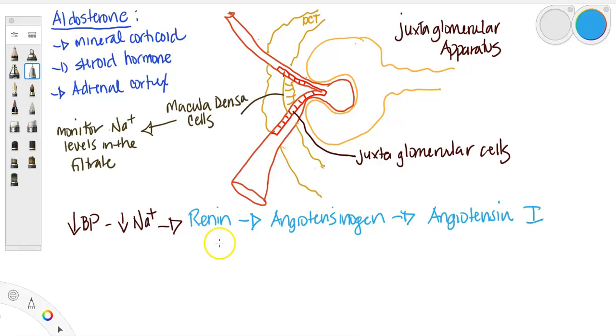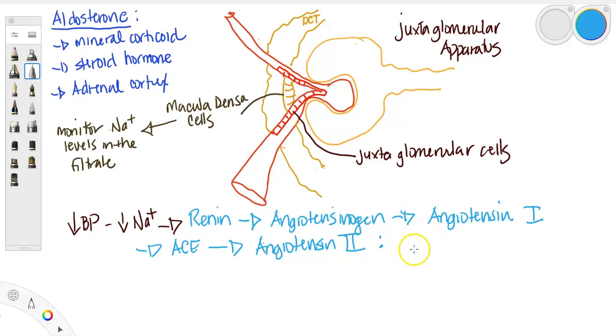If there is an enzyme called the ACE enzyme available, when it comes into contact with the ACE enzyme, then angiotensin 1 will be converted to angiotensin 2.